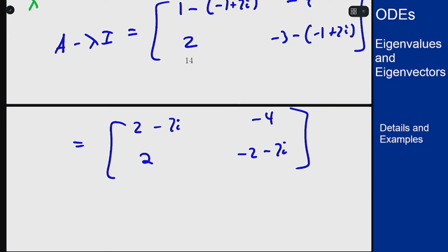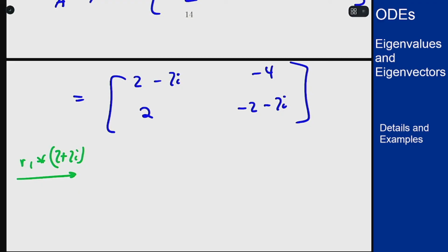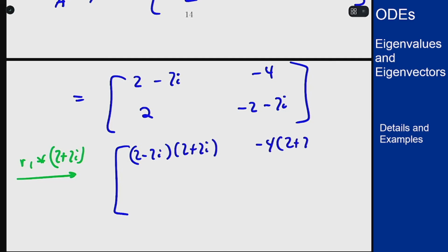And when I do that, I'll then be able to see what the eigenvector should look like when I have these equations simplified. So we're going to multiply this first row by 2 plus 2i. And if I do that, I will get (2 minus 2i) times (2 plus 2i), -4 times (2 plus 2i), 2, -2 minus 2i. I'm going to now expand out and simplify some terms.